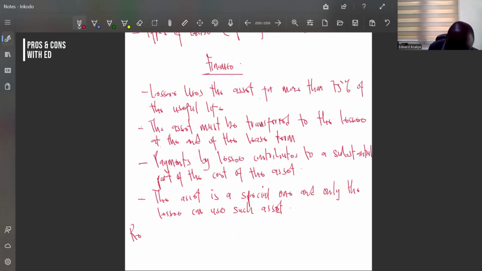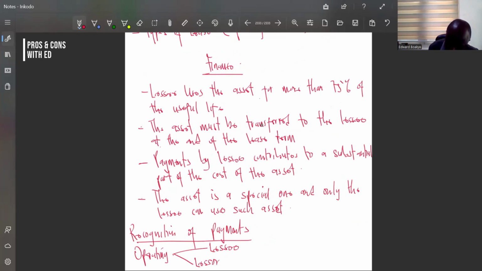So under operating lease, recognition. They are saying that under operating lease, we have the lessee, and then we also have the lessor.